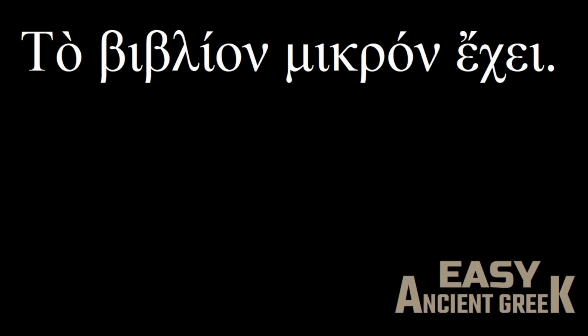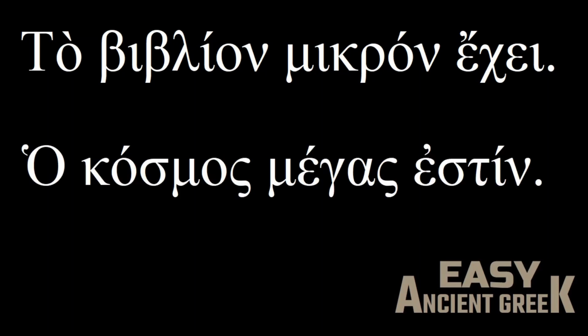The meaning of this sentence is, he or she has the small book. And can you guess the meaning of the next sentence? Ho cosmos mechas estin. The universe is big, or the cosmos is big.